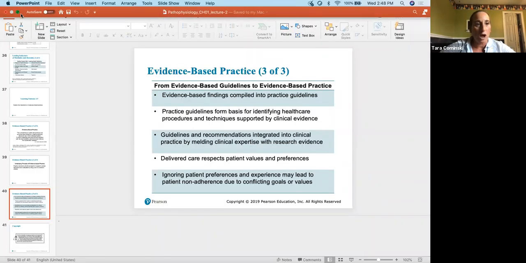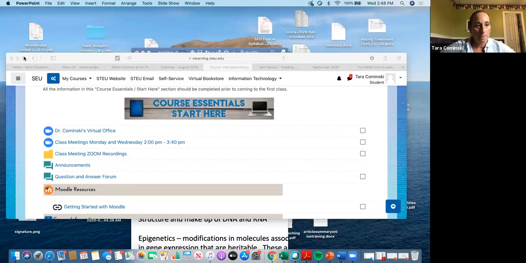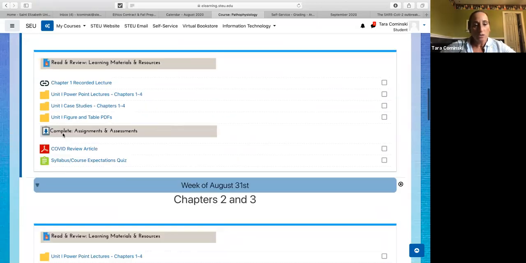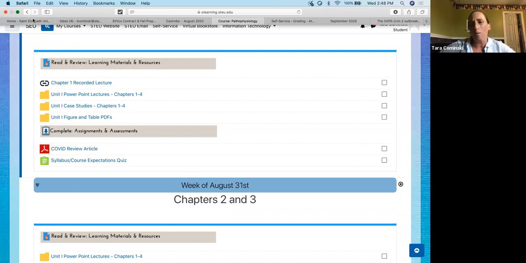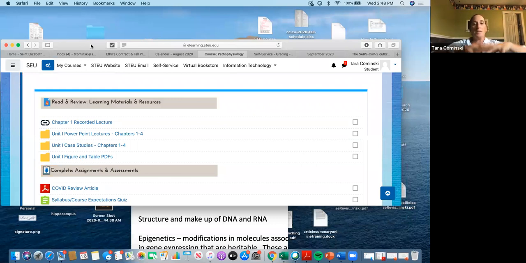I'll introduce that paper right now, because that's a good segue. I put up a paper on Moodle. Let me show you where, and then I'll pull it up. It just says COVID review article, okay? What we mean by review article is that somebody wrote it and they're reviewing all of the literature that's out there. It's not necessarily a study that they conducted on their own and are reporting their results.